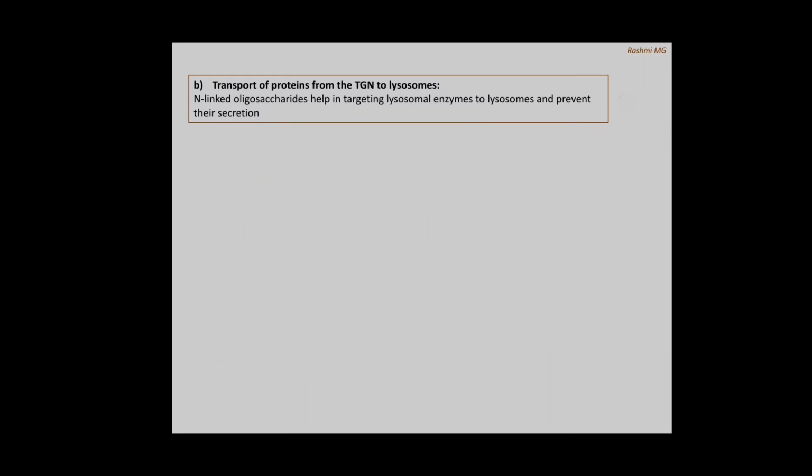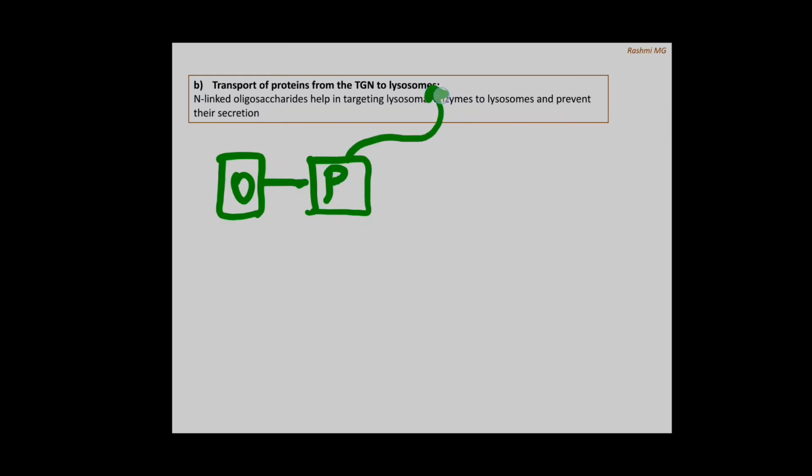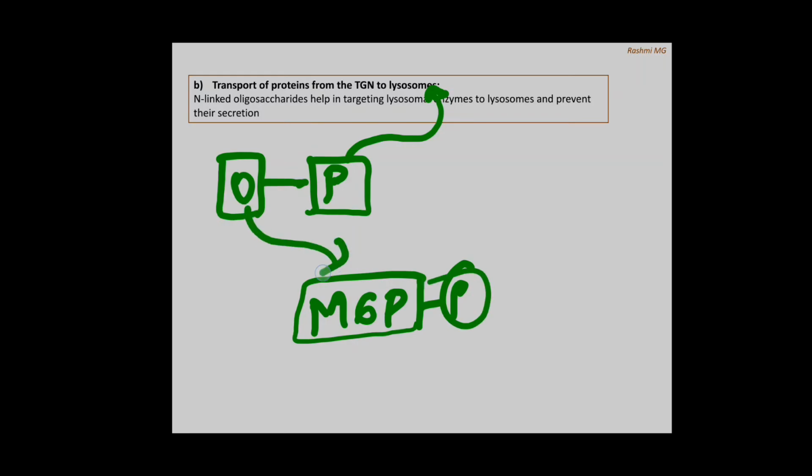So where was this M6P? M6P is an oligosaccharide, right? An oligosaccharide linked to the protein or enzymes which are destined for the lysosome. So this M6P of the protein binds to the M6P receptor present in the trans-Golgi network.